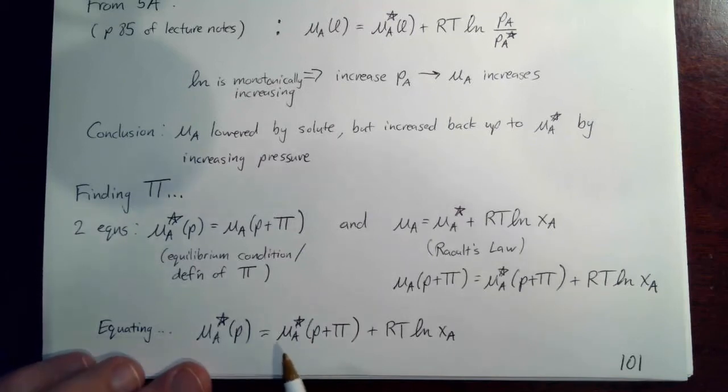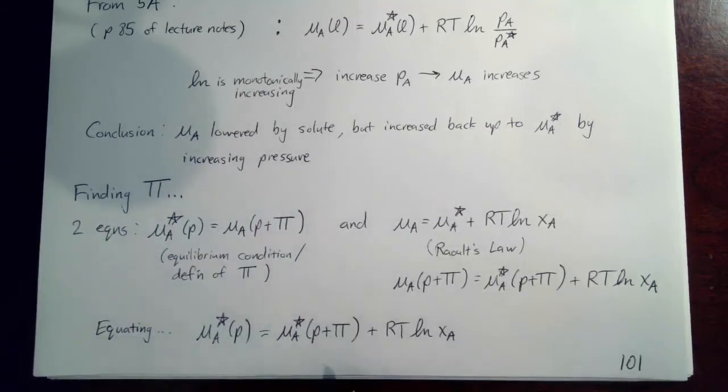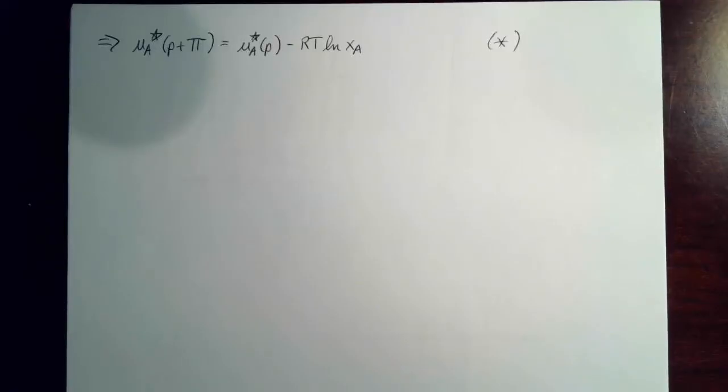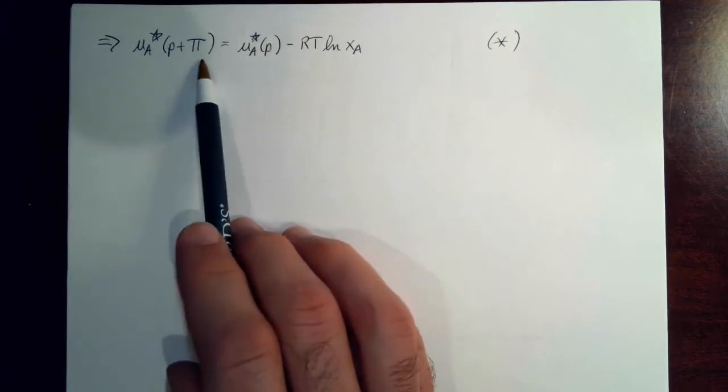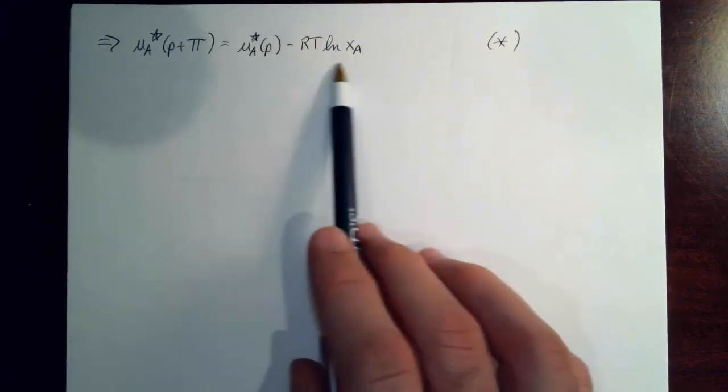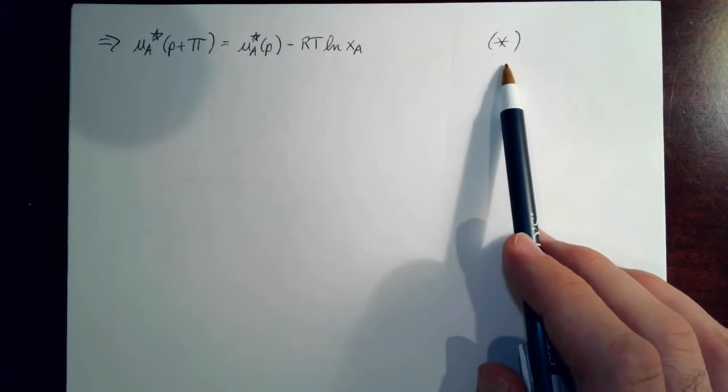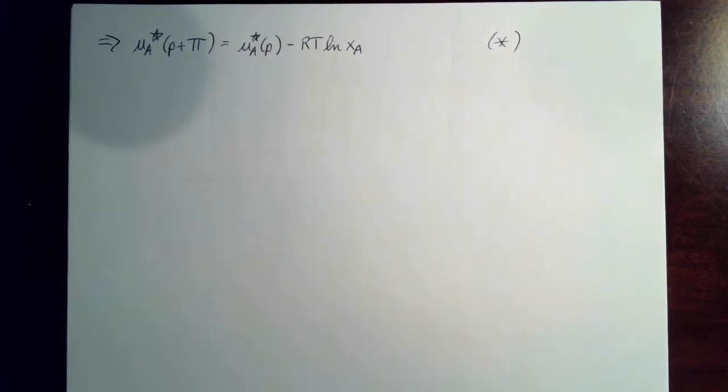And now I'm going to solve this for μA star at the elevated pressure P plus π. I solved the previous equation for μA star at the elevated pressure, and I get this expression. I'm going to label this one with an asterisk because we're going to come back to it in a minute.